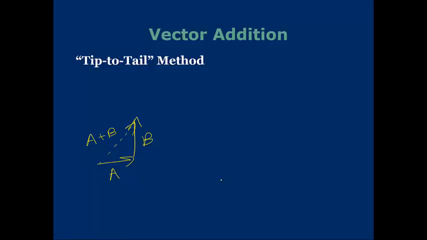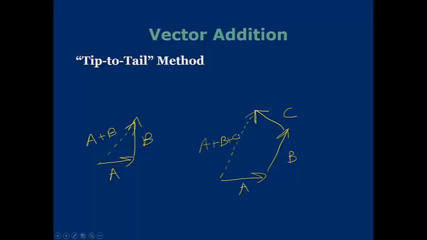This can be comprised of more than two. So if I were to have three vectors, like this, A, B, and C, the resultant vector would be placed here, A plus B plus C.